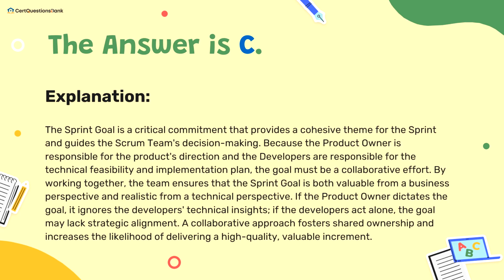By working together, the team ensures that the sprint goal is both valuable from a business perspective and realistic from a technical perspective. If the product owner dictates the goal, it ignores the developers' technical insights. If the developers act alone, the goal may lack strategic alignment. A collaborative approach fosters shared ownership and increases the likelihood of delivering a high-quality, valuable increment.